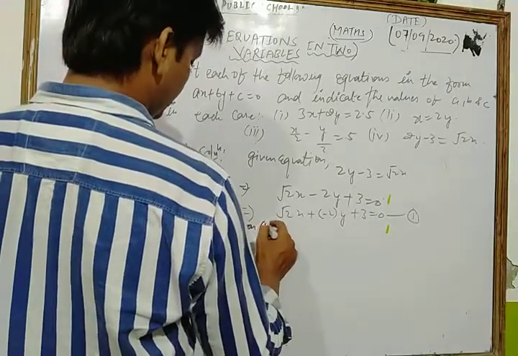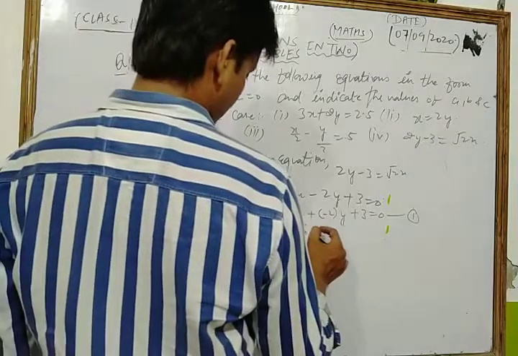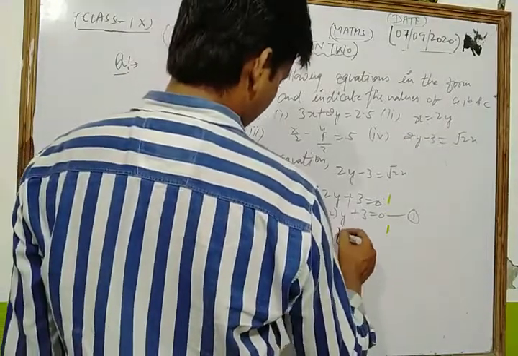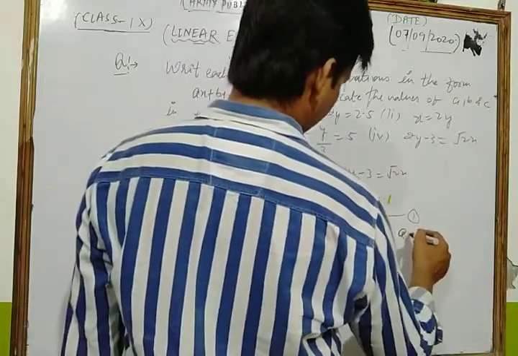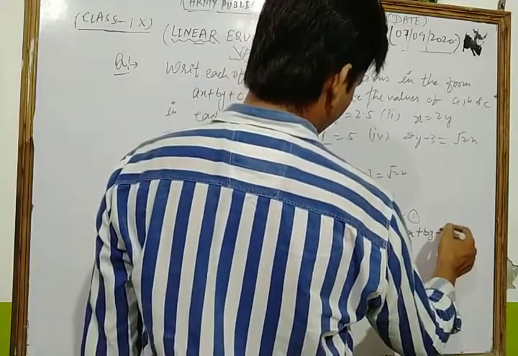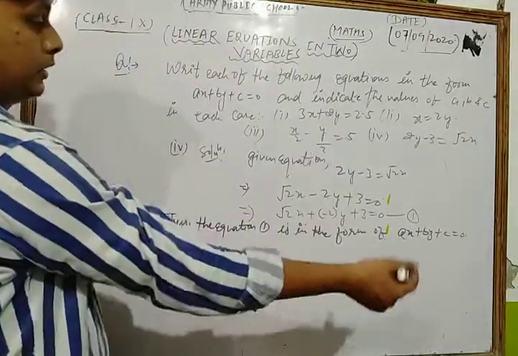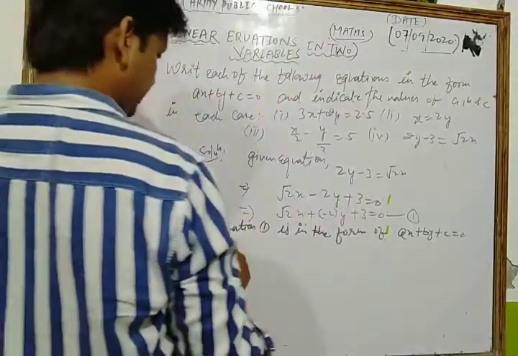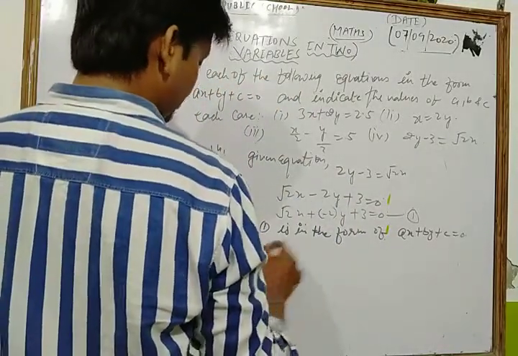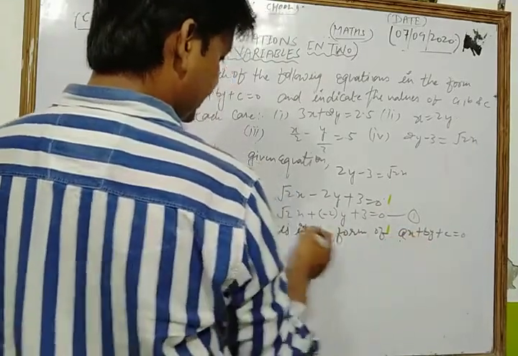Equation 1 is in the form of ax plus by plus c is equal to 0. Here the value of a is the coefficient of x.